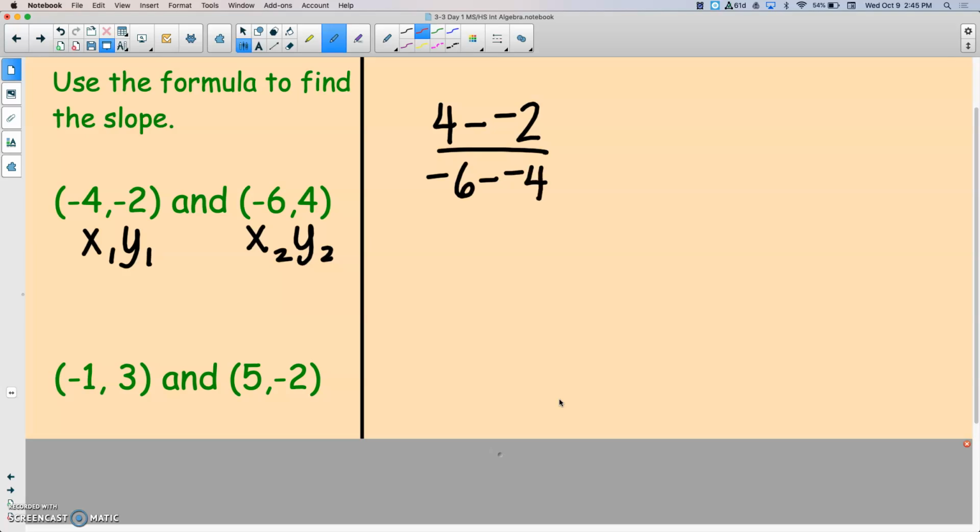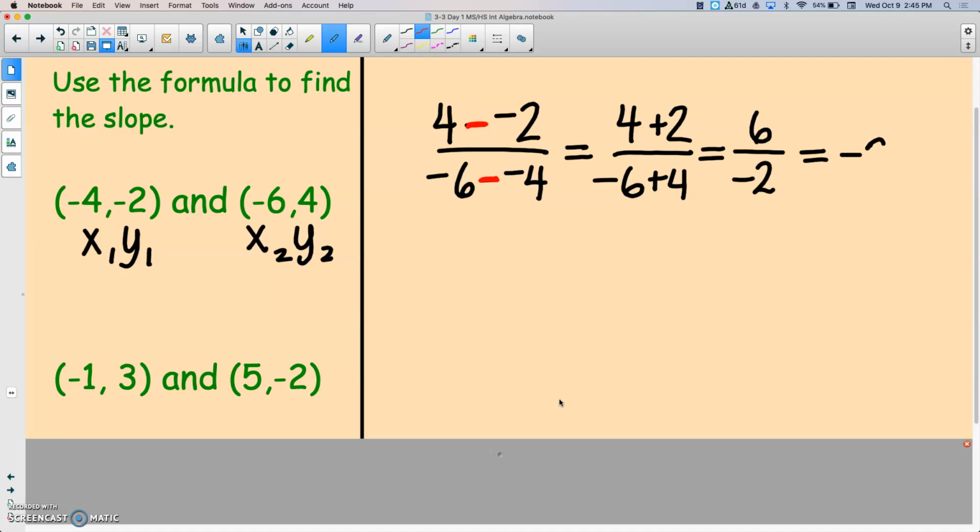So remember the subtraction sign was always there. So these are both going to turn into pluses. 4 plus 2 and negative 6 plus 4. 4 plus 2 is 6. Negative 6 plus 4 is negative 2. And if I simplify, this one divides evenly to give me negative 3.